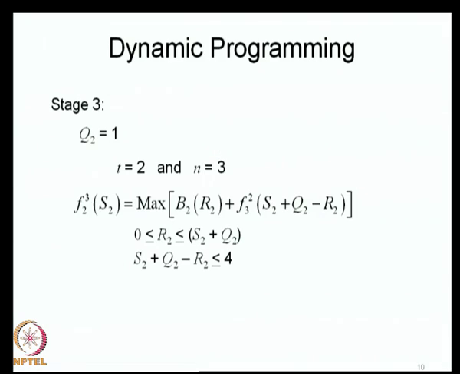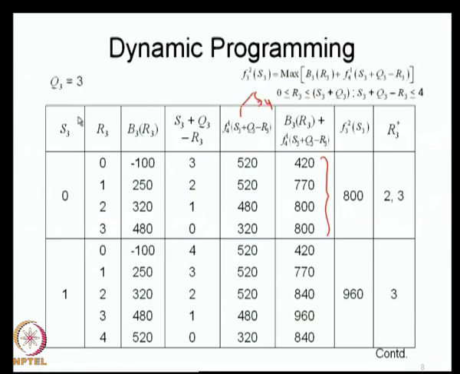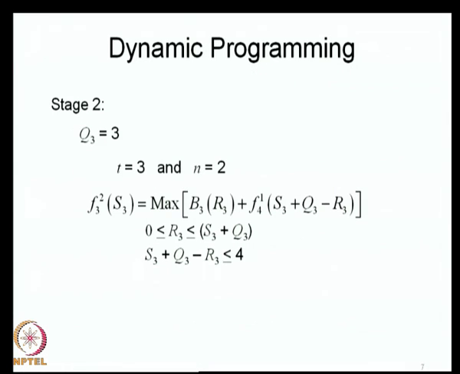Now, we go to the next stage, stage number 3. Remember, in stage number 2 essentially what we did is that we connected what we have already solved. This is t is equal to 4 and t is equal to 3, n is equal to 1, n is equal to 2, and in stage number 2 we dealt with t is equal to 3.